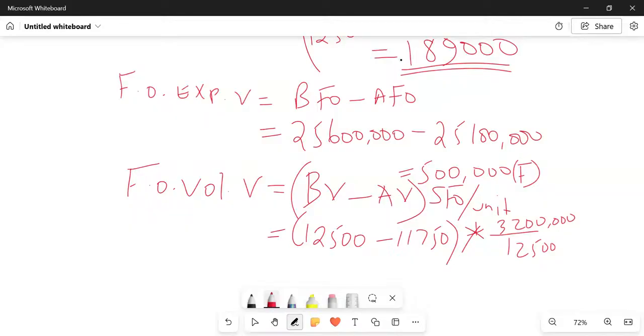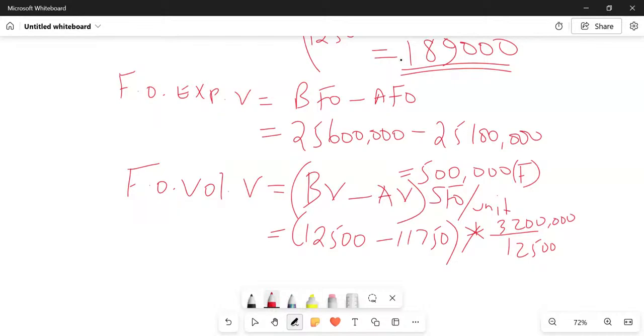What do we have there? Budget is how much? Fixed overheads, 600.